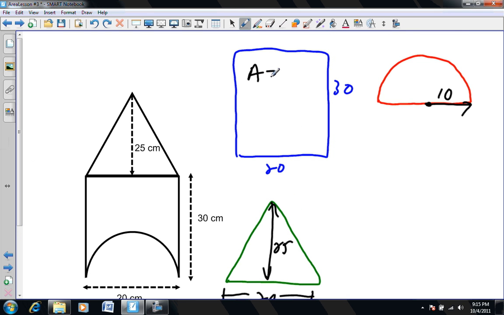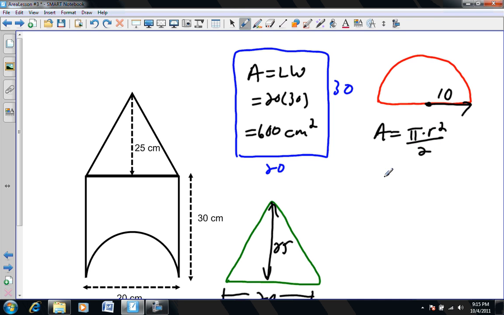The area of a rectangle is length times width, which in this case is 20 times 30, which is 600 centimeters squared. The area of a semicircle is going to be pi times radius squared, but it's only half a circle, so I have to divide it by 2. That's pi times 10 squared divided by 2. This is a calculator problem. So I go to my calculator.